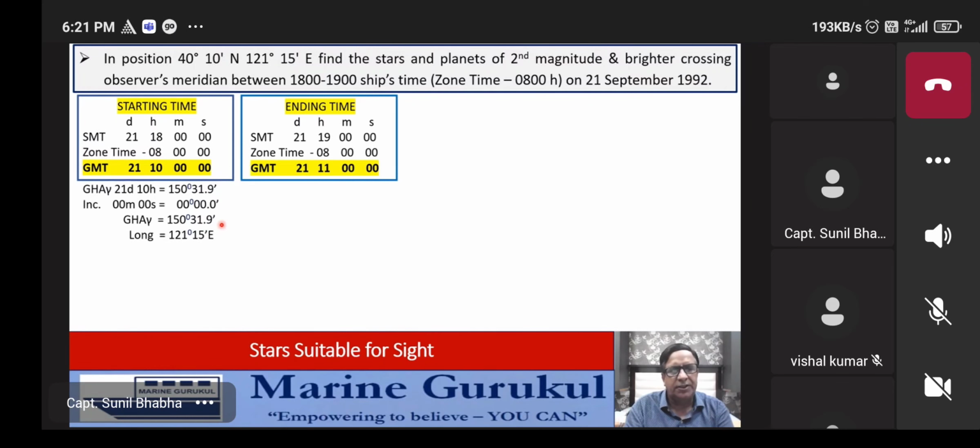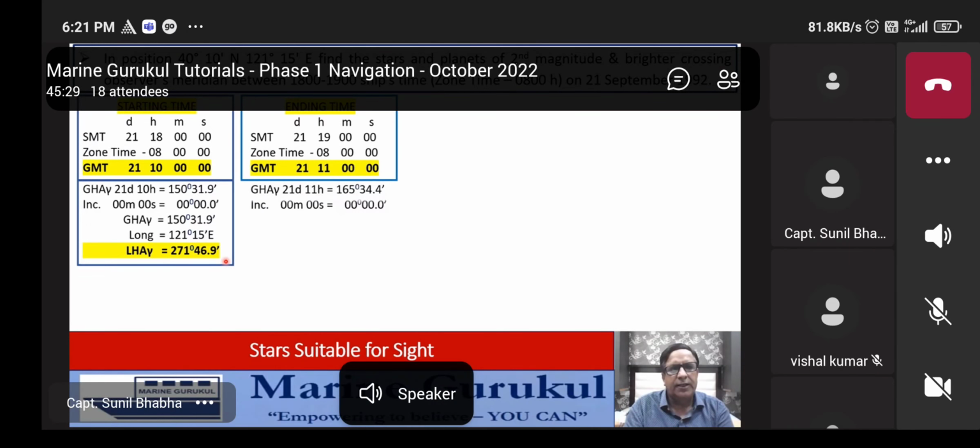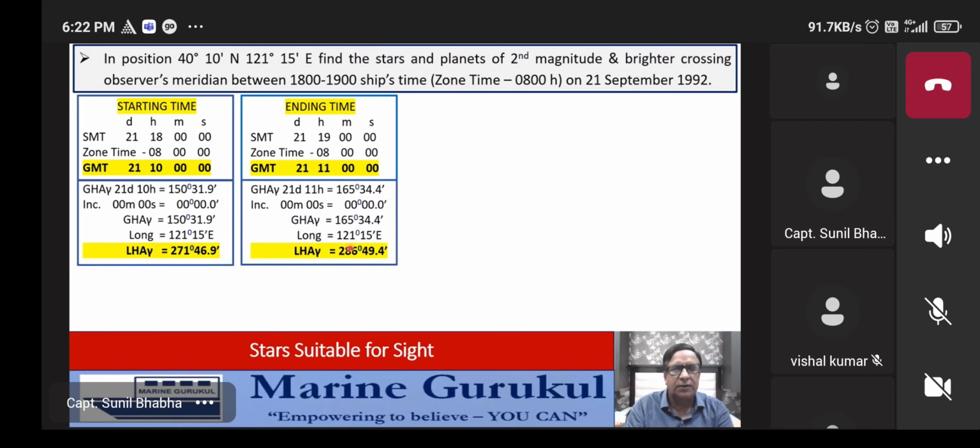Longitude east, GHA least, we add the longitude, and we get the LHA Aries at the commencement of the required interval as 271 degrees 46.9 minutes. Similarly, we get the LHA Aries at the end of the interval. You can see the values coming up on the slide. You can also check them from your almanac.